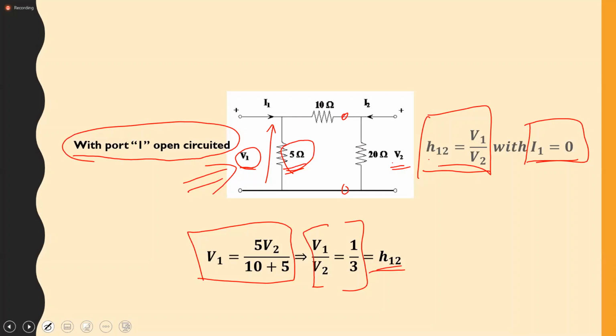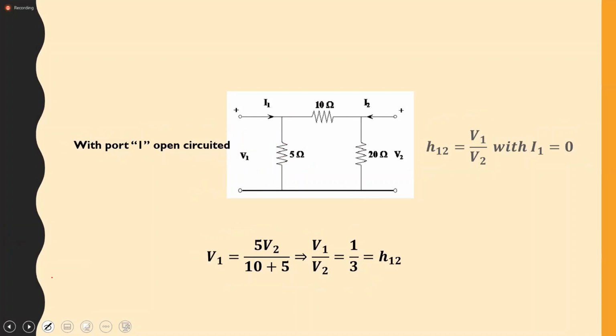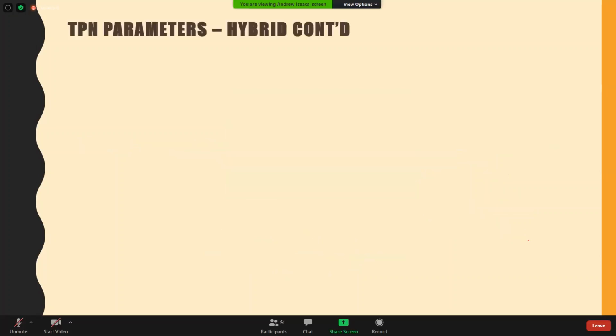Again, with I1 0, we can also find H22. H22, we'd be looking into this port, and H22 we know is an admittance, so it would be I2 over V2. So if I simply find the impedance looking into port 2 and then find the reciprocal, I would be able to find H22. All right?